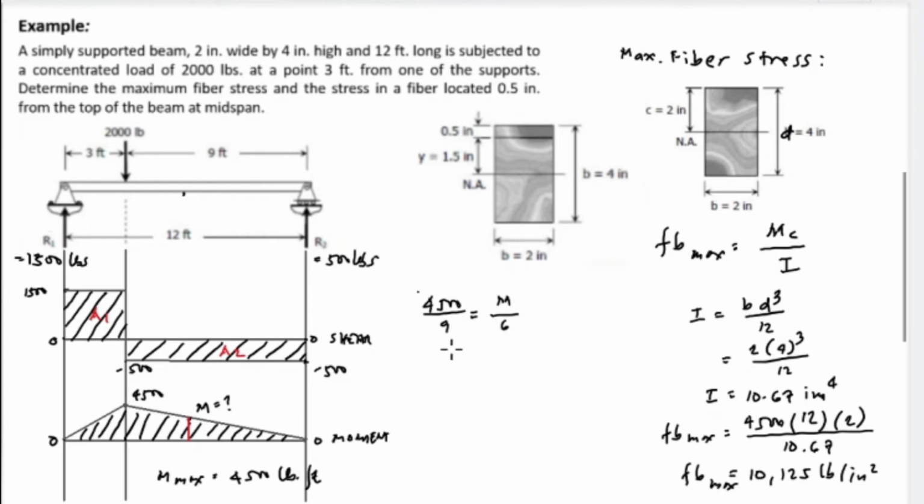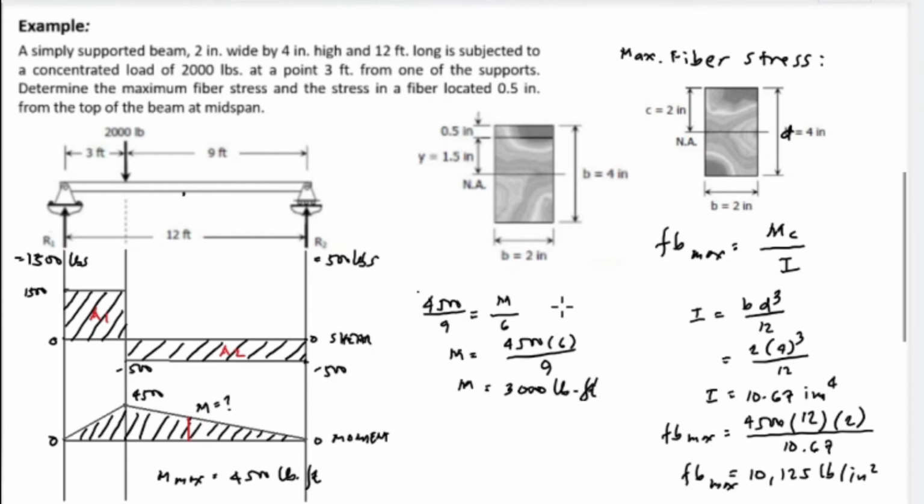And the value for m is equal to 4,500 times 6 divided by 9. And the value for m is equivalent to 3,000 pounds-foot.